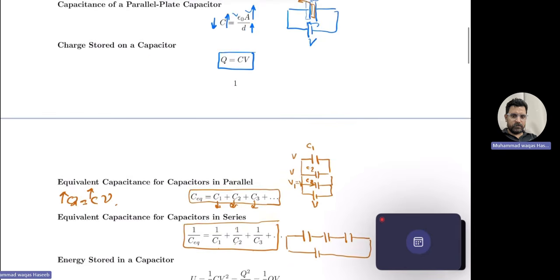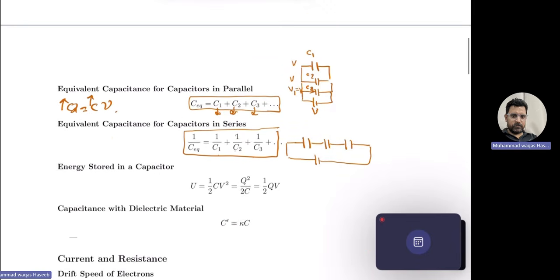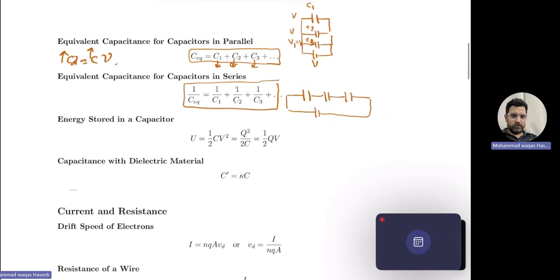Capacitors store energy or charge. The energy stored in a capacitor is 1 half CV squared, where Q equals CV.